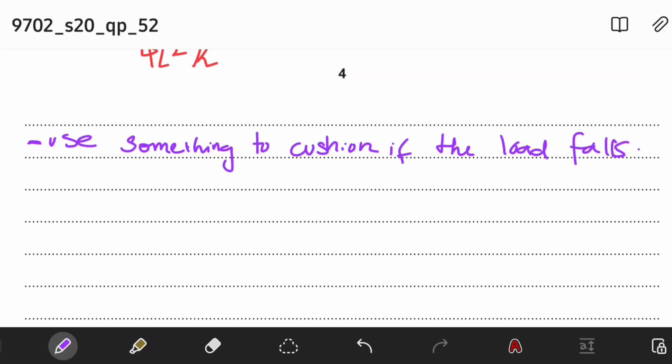Another thing that you might have been able to tell is that we should use the cord of the same material. So let's write that down.